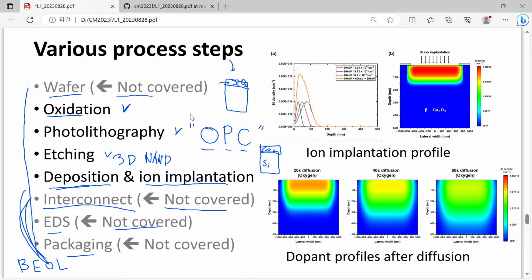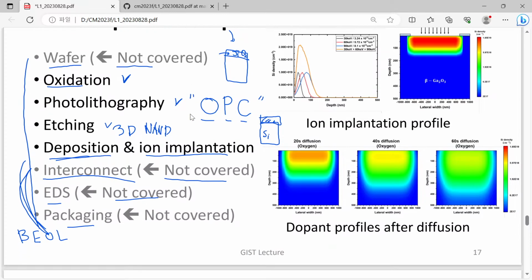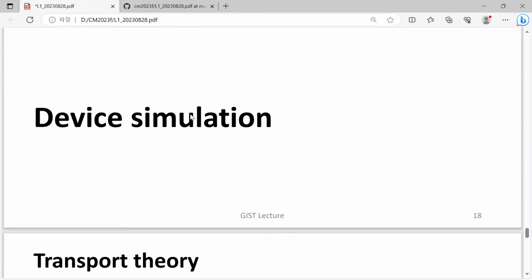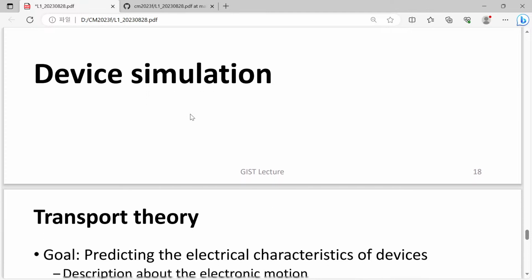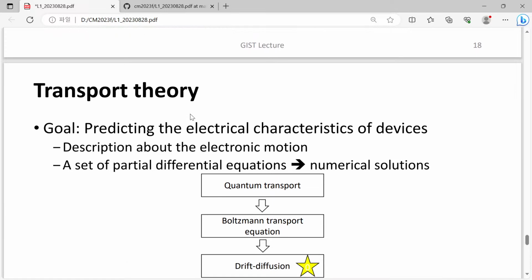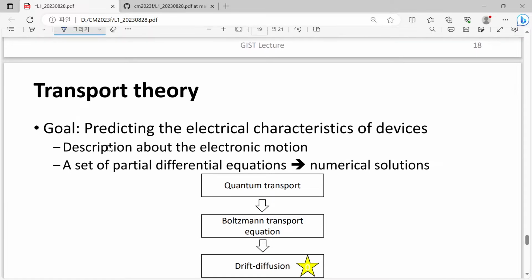Etching has different physical laws, and deposition and ion implantation all have different physical behavior. However, in the case of device simulation, the basic principle is quite simple: whether electrons are moving or not, whether holes are moving or not. That is the only thing we have to consider, which is related to the movement of our electrical carriers.